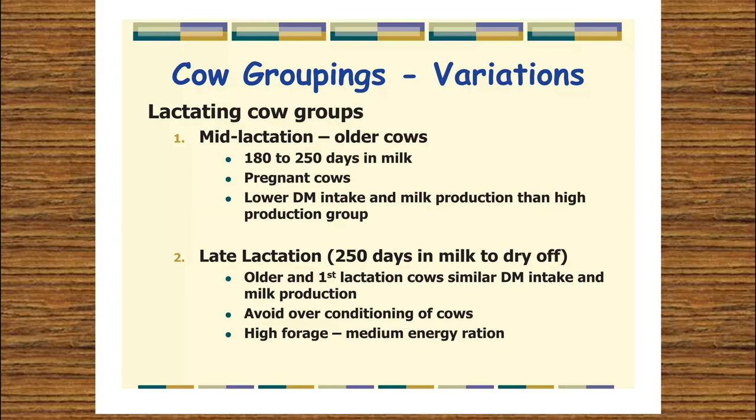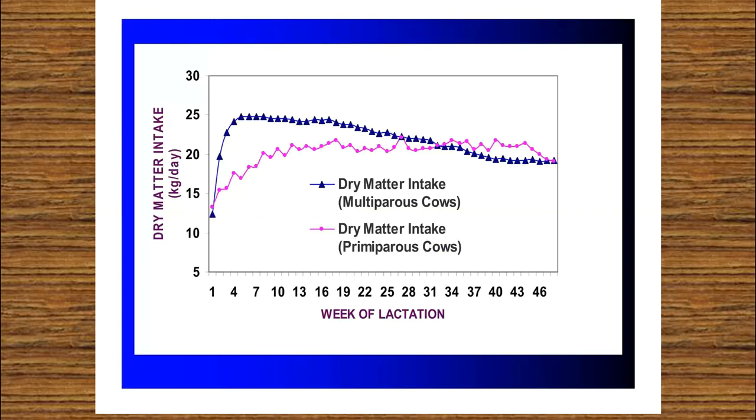Then late lactation is always 250 days or more, or sometimes they are not able to consume, maybe due to many reasons, and are not dried off. Then avoid over conditioning of such cows. A high forage, medium energy ration is always better.